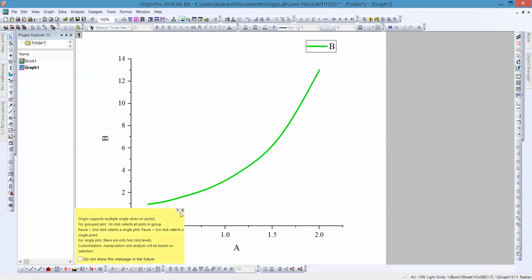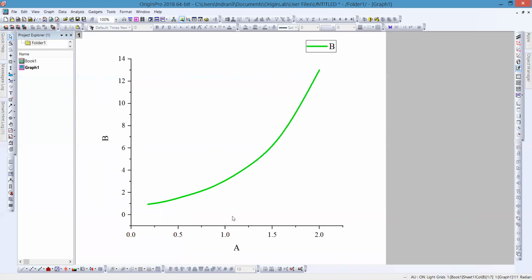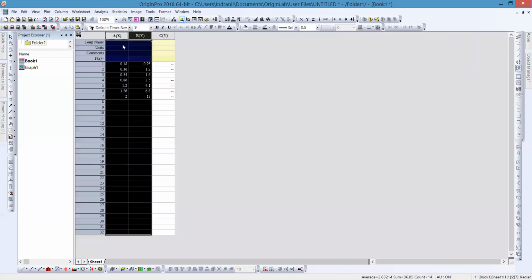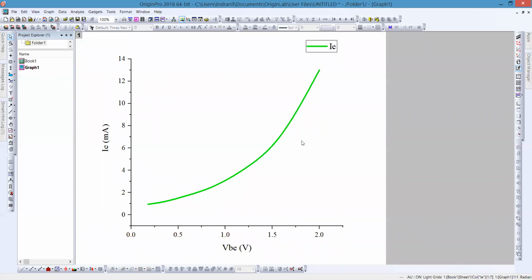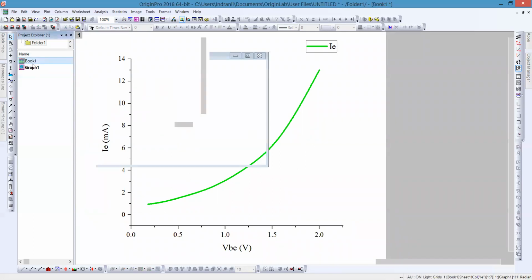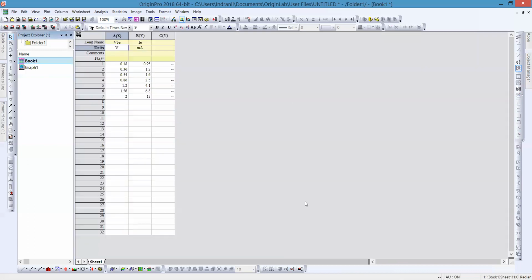Okay, so this is a nice curve, exponentially increasing as we increase the voltage and current. This is voltage VBE, and this is IE, and the unit is milliamps, and this unit is volts. Now let's have some data for a different collector junction voltage, so depending on that we can have the parametric plot.